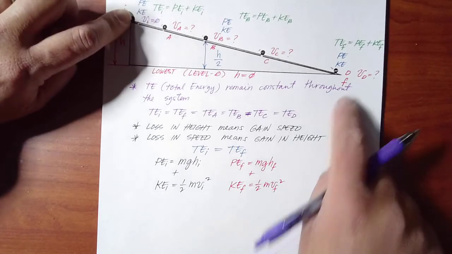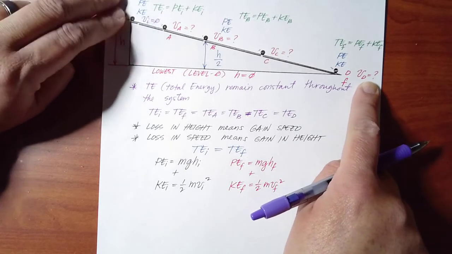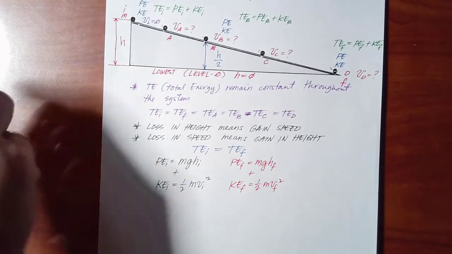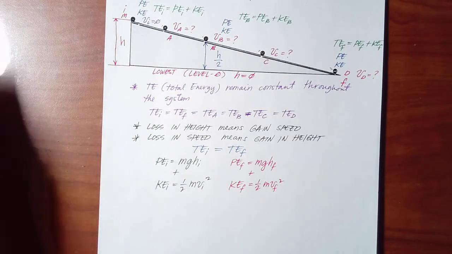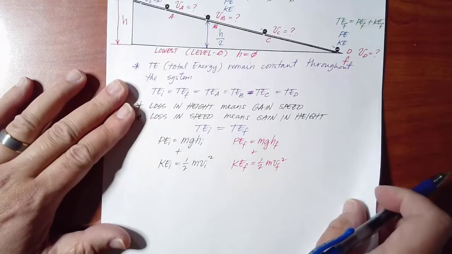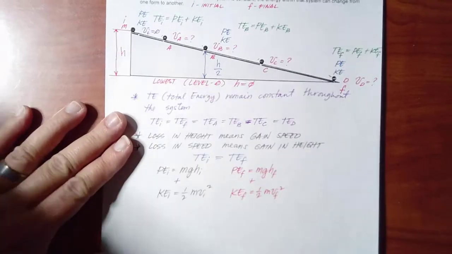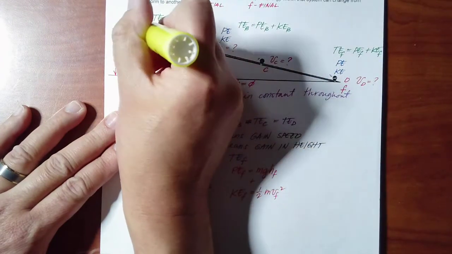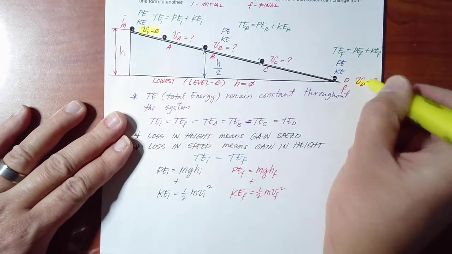And you want to figure out the velocity at point D. So how can we figure out the velocity at point D? Simple. First part is, let me just highlight that we're trying to figure out the final velocity, and the initial velocity is set to be at 0.